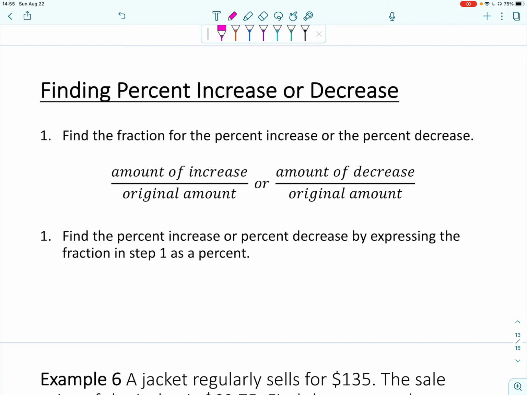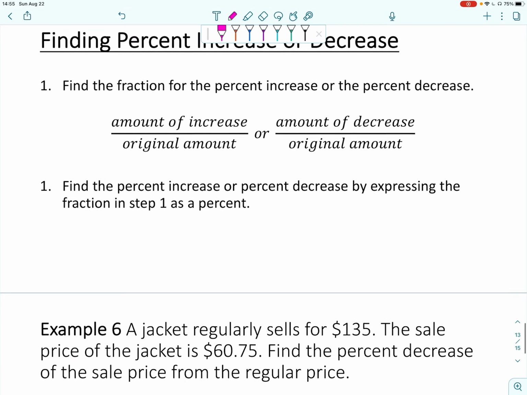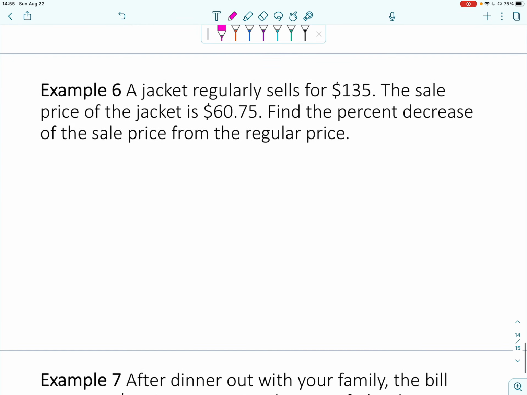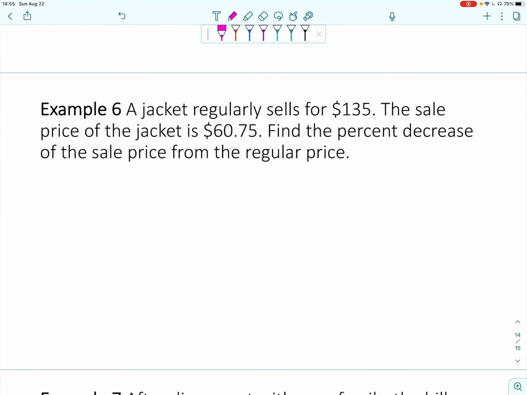And that's really important. We're dividing by the original amount. And then once we've done that division, we turn that result into a percentage. So I think I have two different examples here, and then that finishes up this section.